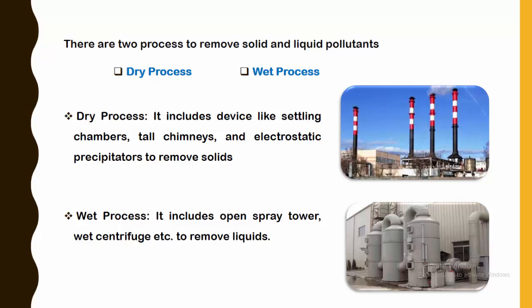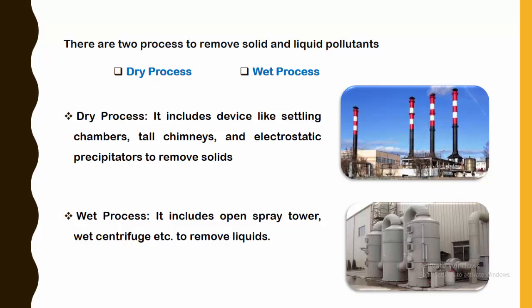The second, the wet process, includes especially open spray towers and wet centrifuges to remove the liquids. As I just told, to remove the liquid pollutants we have to settle them, give proper treatment, and centrifuge them. In a company, open spray towers and wet centrifuge machines are there.